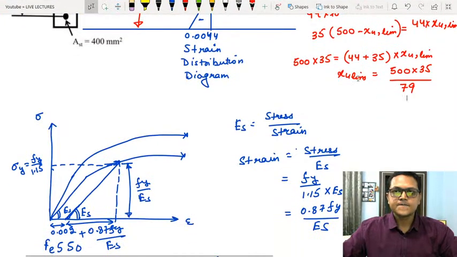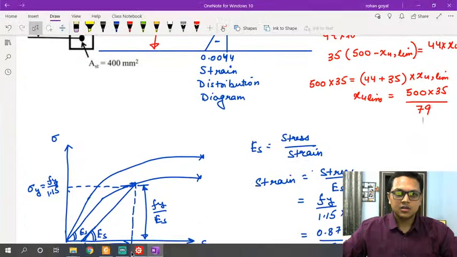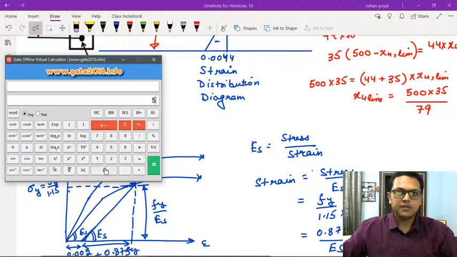Okay, so let us calculate this. 500 multiplied by 35 divided by 79, so it is 221.519.